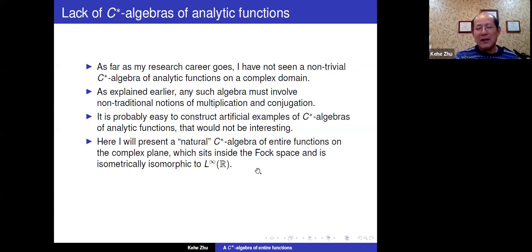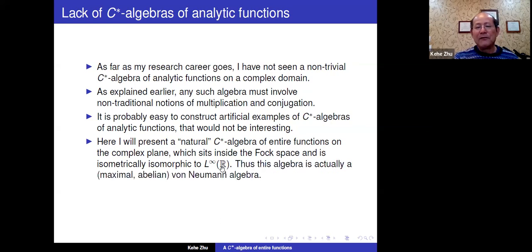If you want to get any C-star algebra properties out of this function algebra, you're not going to see anything new because it's just L infinity R. That's a very classical example already. And L infinity R is actually a von Neumann algebra. So the example I get today is actually a von Neumann algebra.